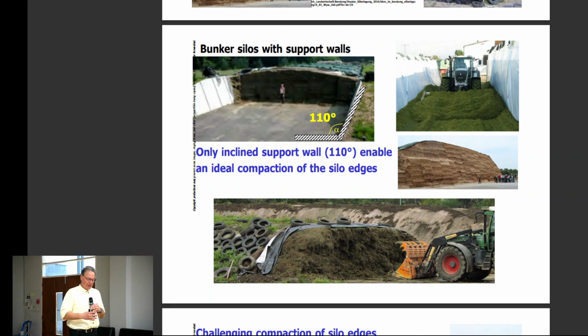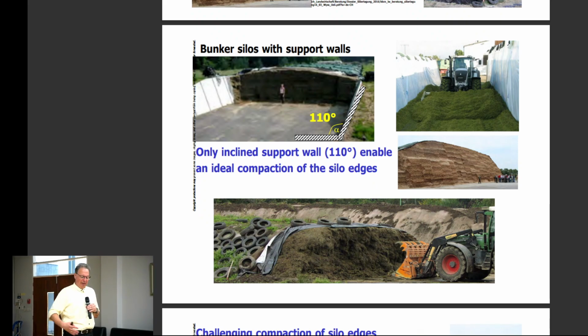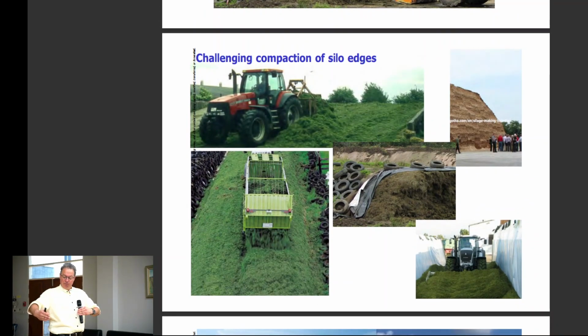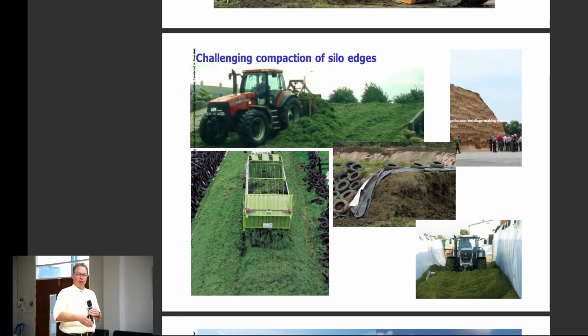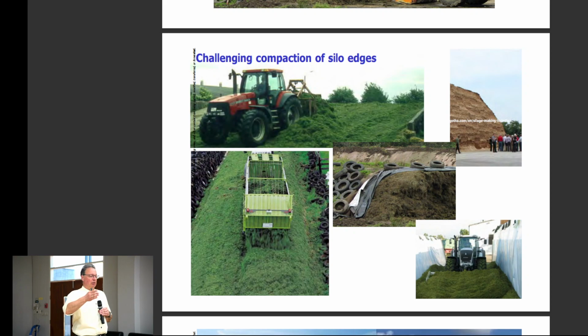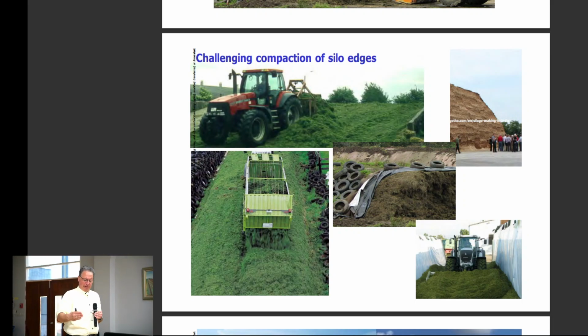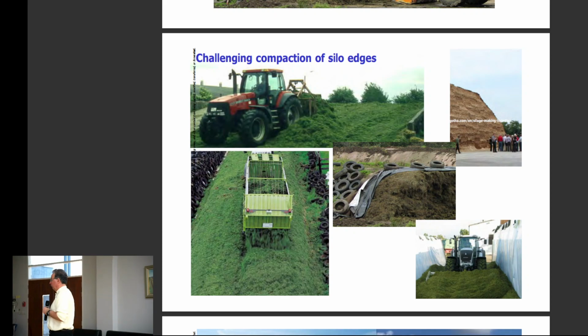And of course, the larger the silos are, it makes sense that the width of the silo is so big that, for example, 2 or 3 tractors can work parallel. So probably one unloading, one trying to get it evenly distributed, and one compacting. So that really depends a little bit in the end on the size. So you have to multiply the width so that all these devices can run parallel within the silo.